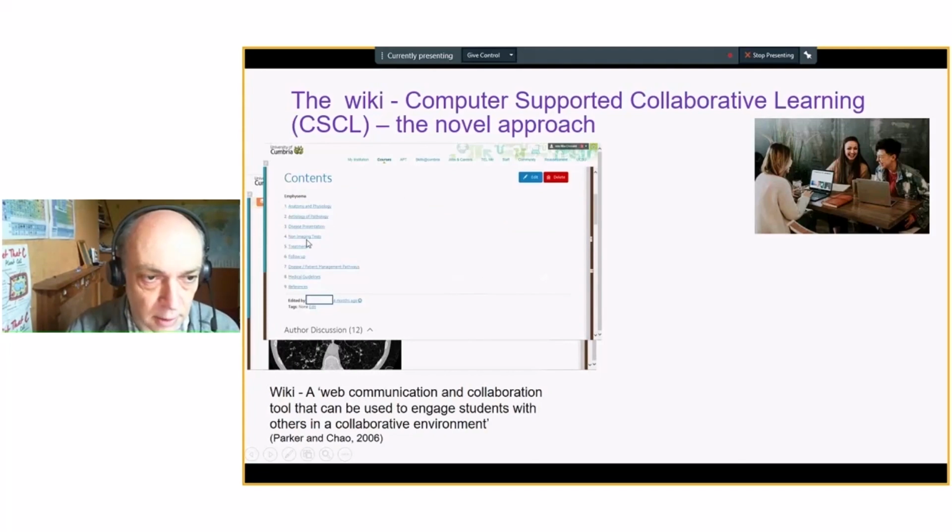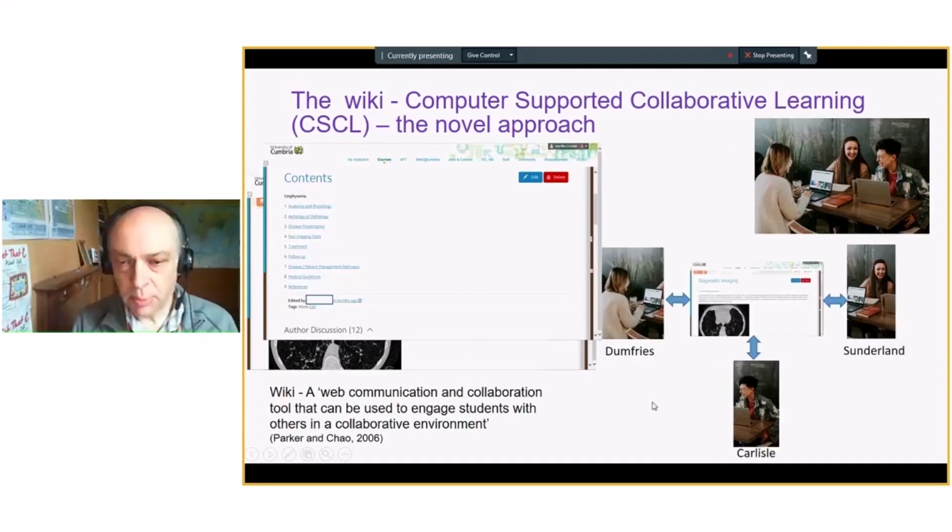They've used hyperlinks here, we can actually click these and that will take us to a Wikipedia page. So the idea is that students can collaborate on this wiki in Dumfries here, Sunderland, Carlisle. They can be in their hometowns, their home cities, and work on this one learning object, the wiki, to produce a nice, concise account of their research.